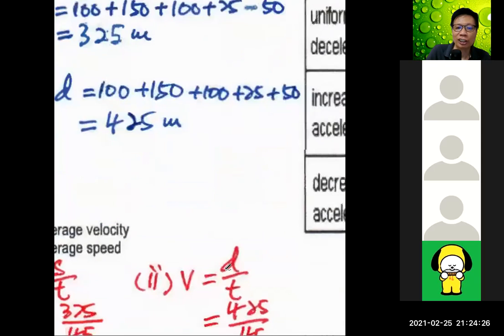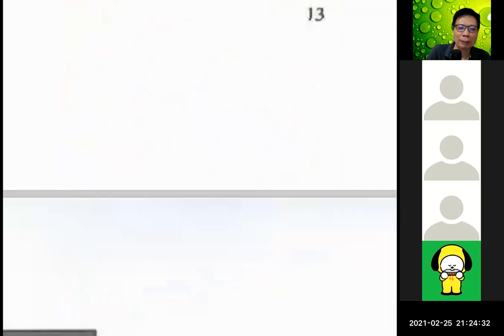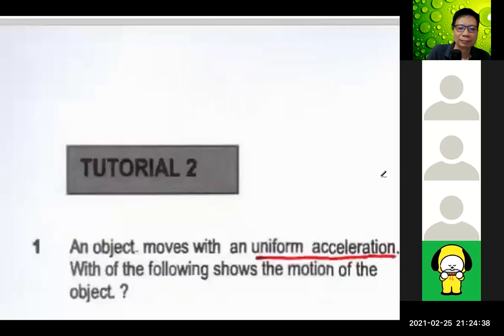Okay, so we have finished this lesson. So now is a time you go through the question one by one. Okay, now this one. Tell me the answer now. First question, what is the answer? Which one is uniform acceleration?